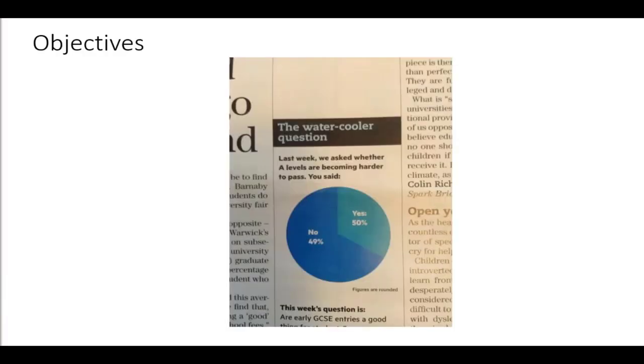This one, I'm sad to say, came from The Guardian, which has these water cooler questions, and this one was trying to work out whether A-levels are becoming harder to pass. You can see that, first of all, the pie chart doesn't add up to 100, it adds up to 99%, and it should add up to 100.